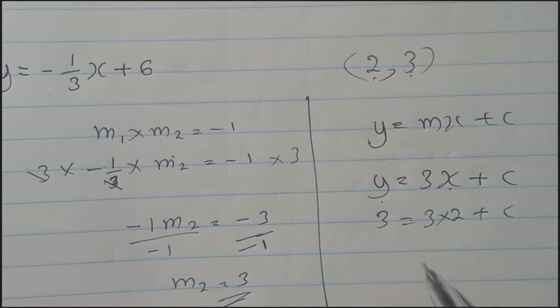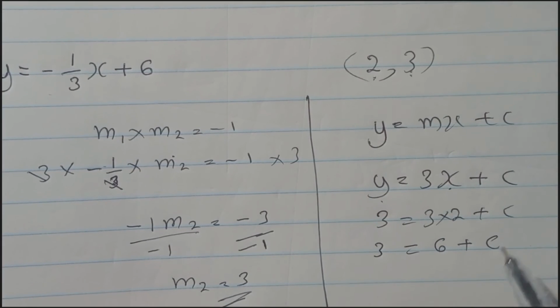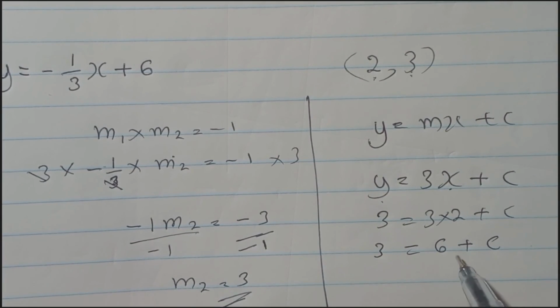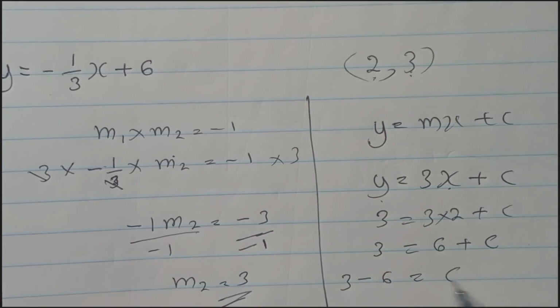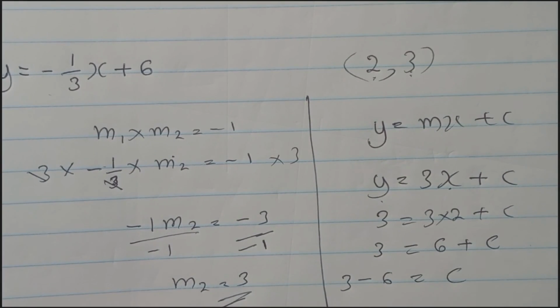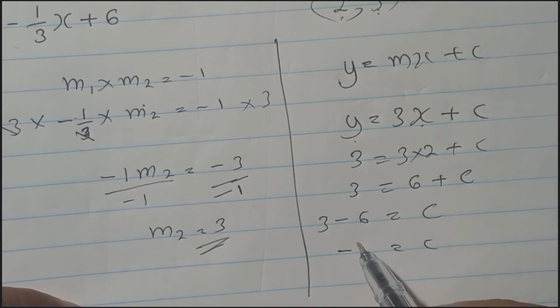Now let's find c. Here will be 3, here will be 6. Then if you need to make c the subject, bring this 6 to here. So it will be 3 minus 6 and here c. 3 minus 6 means it will be minus 3.